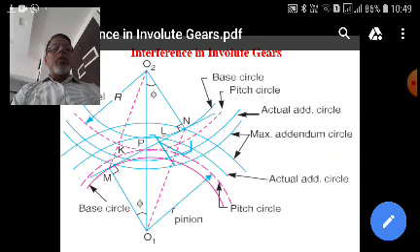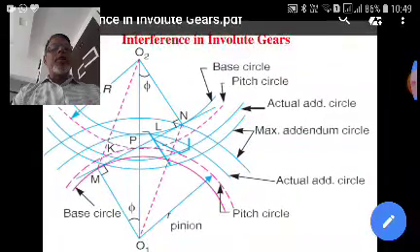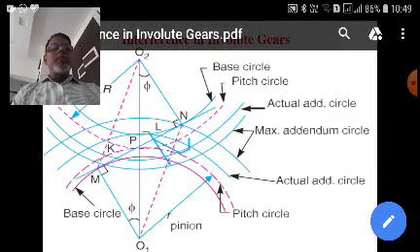Right. Now we can increase this addendum circle. That means we can move this point L to N. If you see this diagram carefully, the actual addendum circle is intersecting MN at point L. You can increase the radius of the addendum circle up to N, which is shown by this dotted line, O1N.